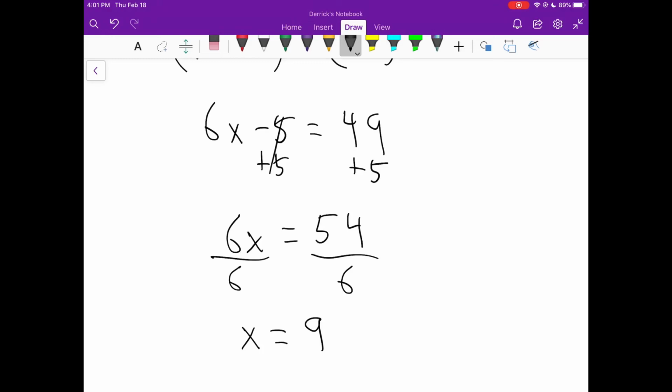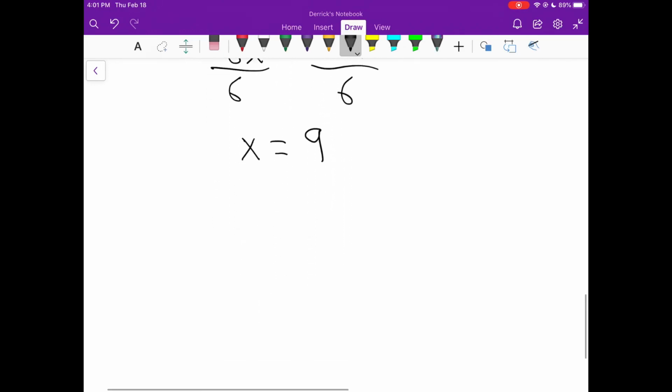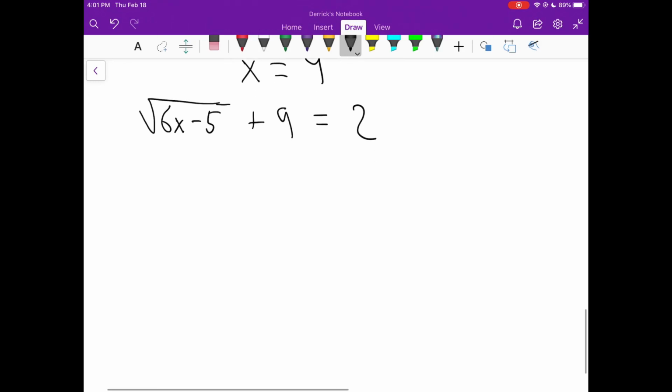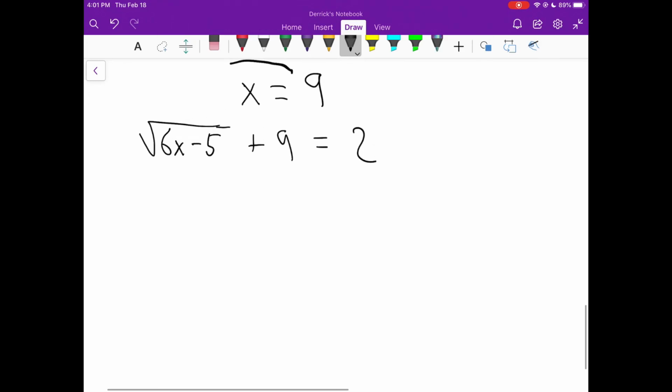But again, we now need to check that answer to make sure it really does give us a true statement before we say its actual answer and circle it and everything. So our original problem was the square root of 6x minus 5 plus 9 equals 2. And so we want to plug in 9 for x and see if that gives us a true statement or not.